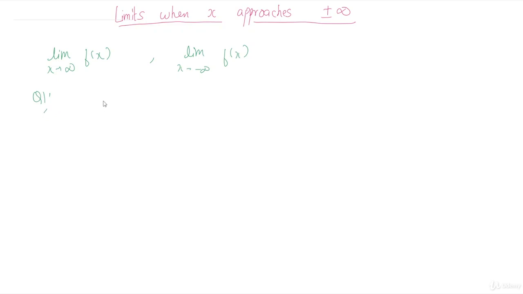We have the limit as x approaches infinity of x to the power 4 minus x cube plus 6x square plus 8x over 5x to the power 4 plus 2x to the power 3 minus 4.